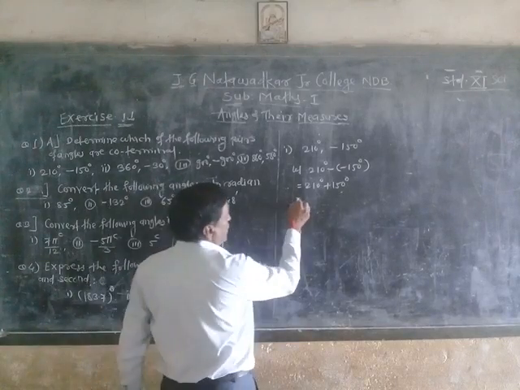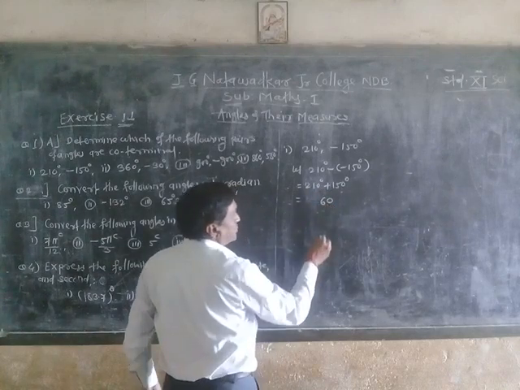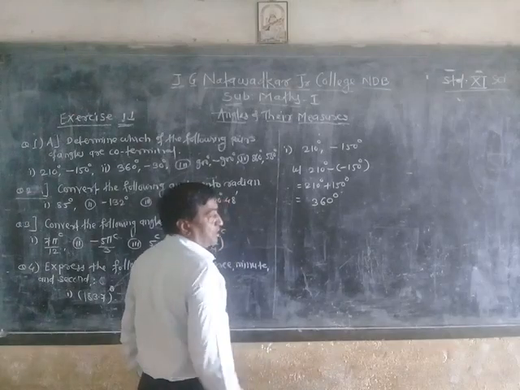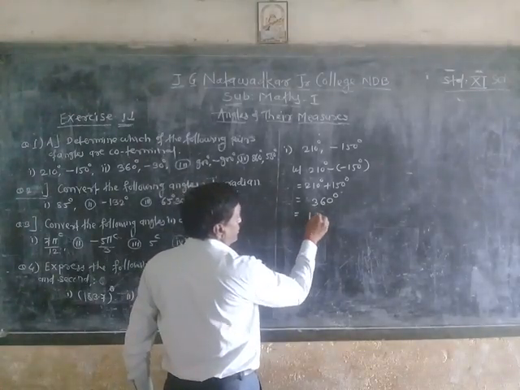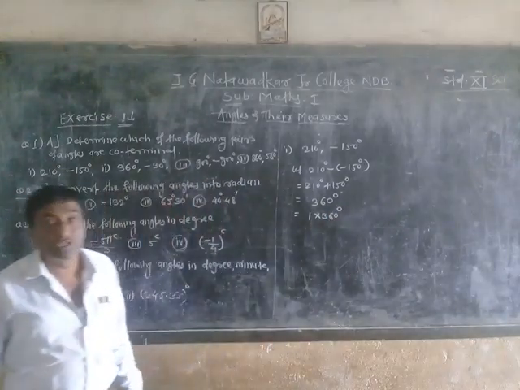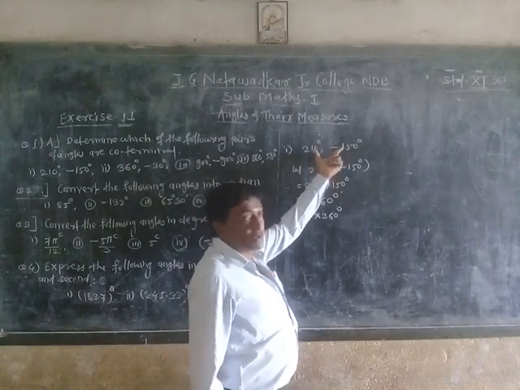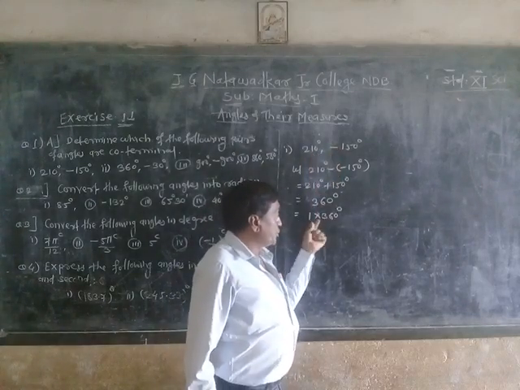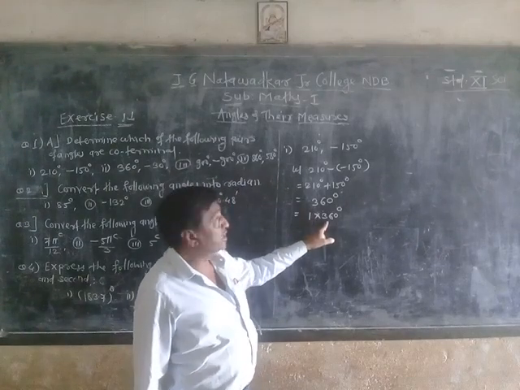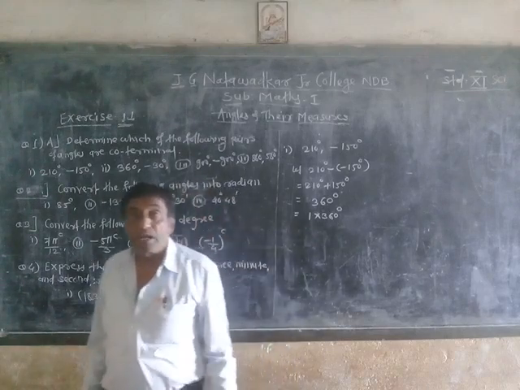Now solve this sum: 0 plus 0 is 0, 1 plus 5 is 6, and 2 plus 1 is 3, so 360 degrees. This 360 degrees is expressed as 1 into 360 degrees, so the difference of the given measures is a positive integral multiple of 360 degrees. That's why this pair of given angle measures is a pair of coterminal angles.